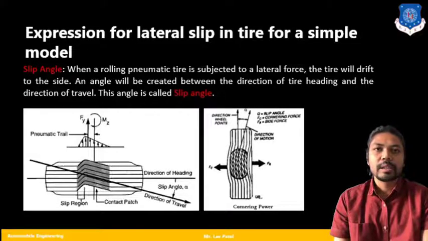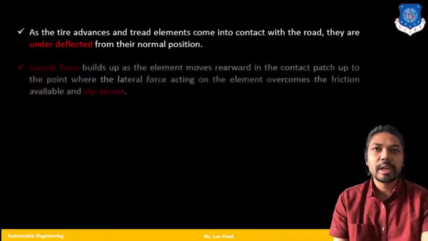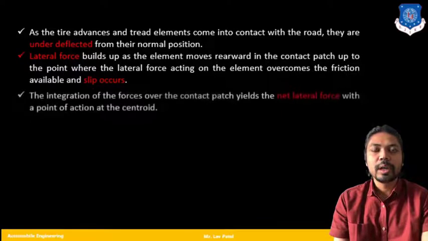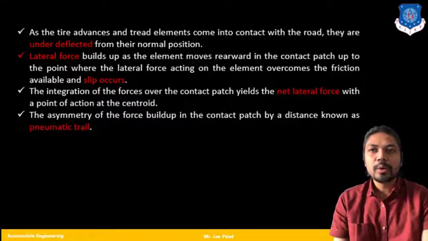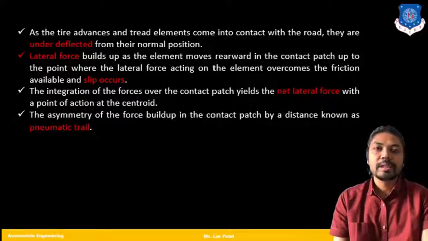So the contact patch is going to change from its actual position due to the lateral force, and to overcome the friction, the slip is going to happen, or the slip angle is created.